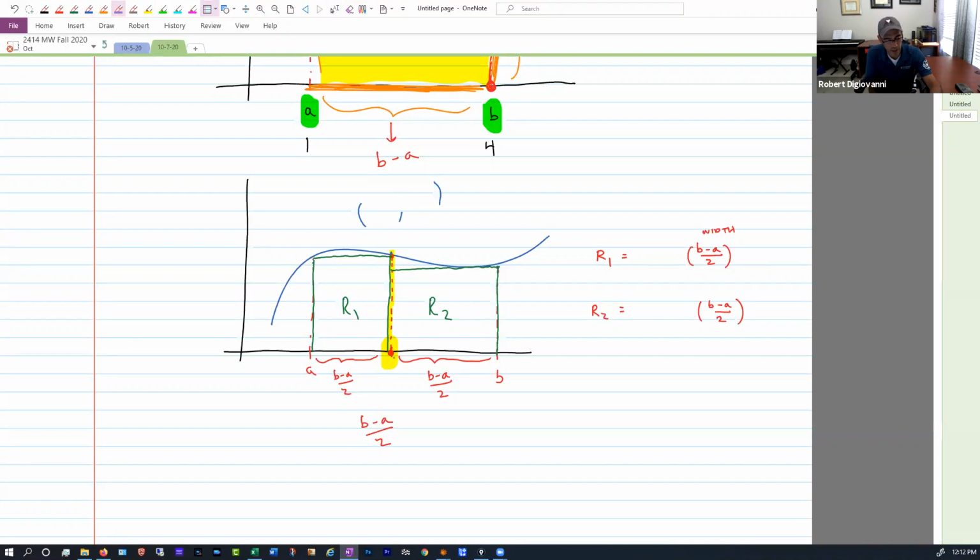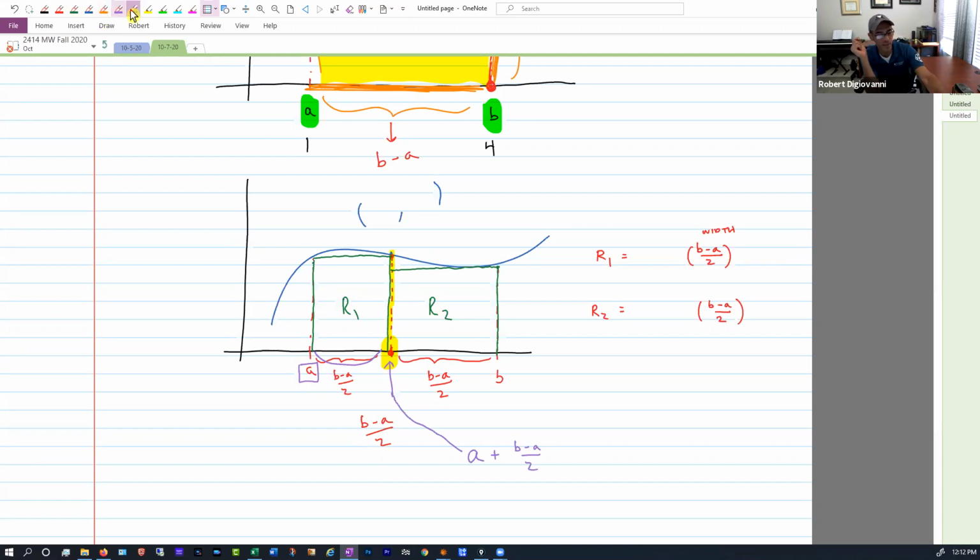Do you agree that to get to this point, what I could do is start here at A, and then add to A whatever this jump is, whatever that distance is? Do y'all agree? So I could say add B minus A over 2. That's the x coordinate there. Start at A and then jump over one width.